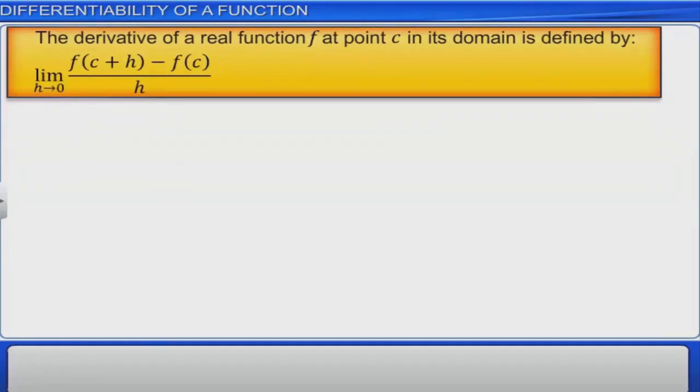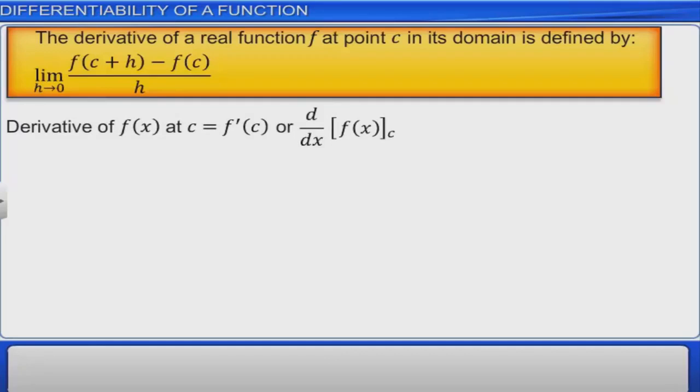The derivative of a real function f at point c in its domain is defined as the limit of f of c plus h minus f of c whole divided by h as h approaches 0, provided the limit exists. The derivative of f of x at c is denoted as f dash of c, or d by dx of f of x at c, or commonly as f dash c.